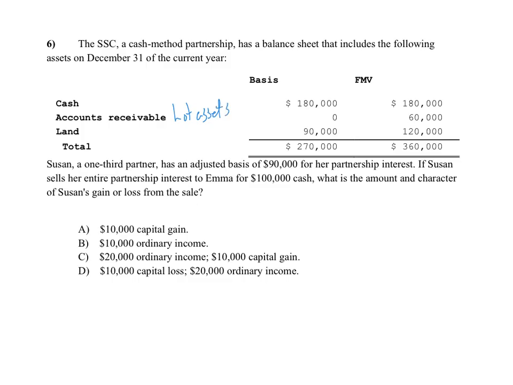Susan is a 1/3 partner, and she has an adjusted basis of $90,000. That's her outside basis in the partnership. She's going to sell her entire partnership interest again to Emma for $100,000 cash. Now we have to figure out the amount and character of Susan's gain or loss on the sale.